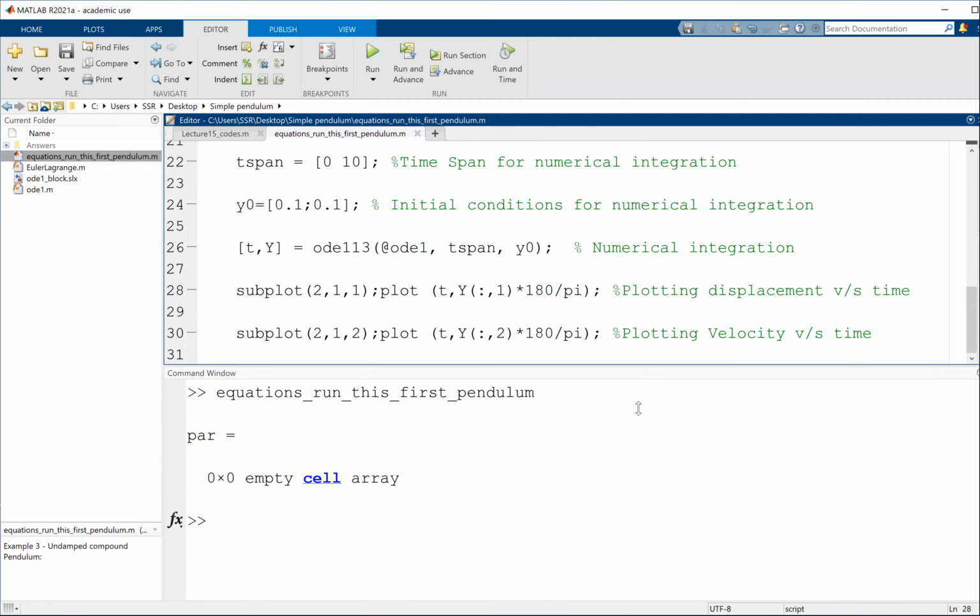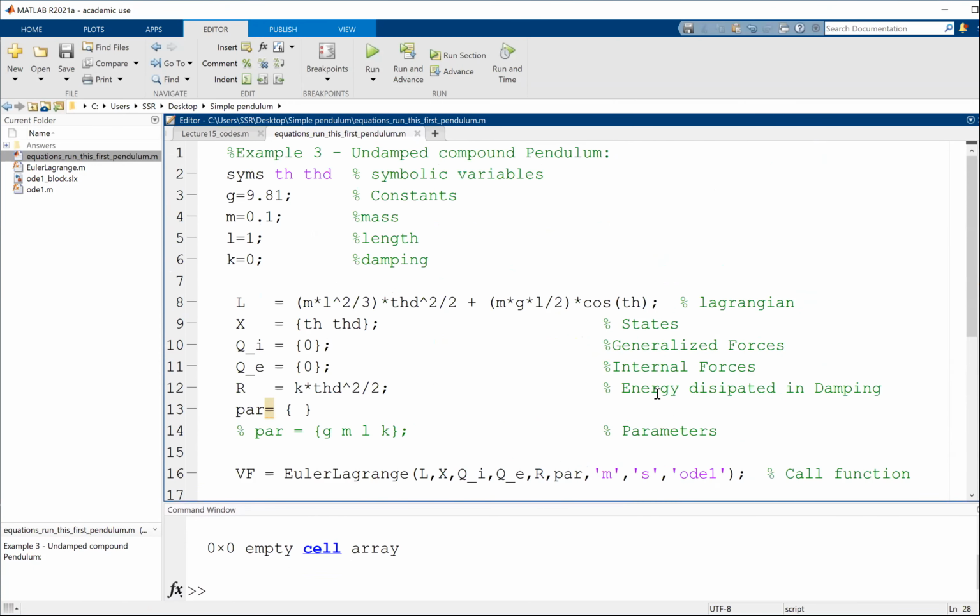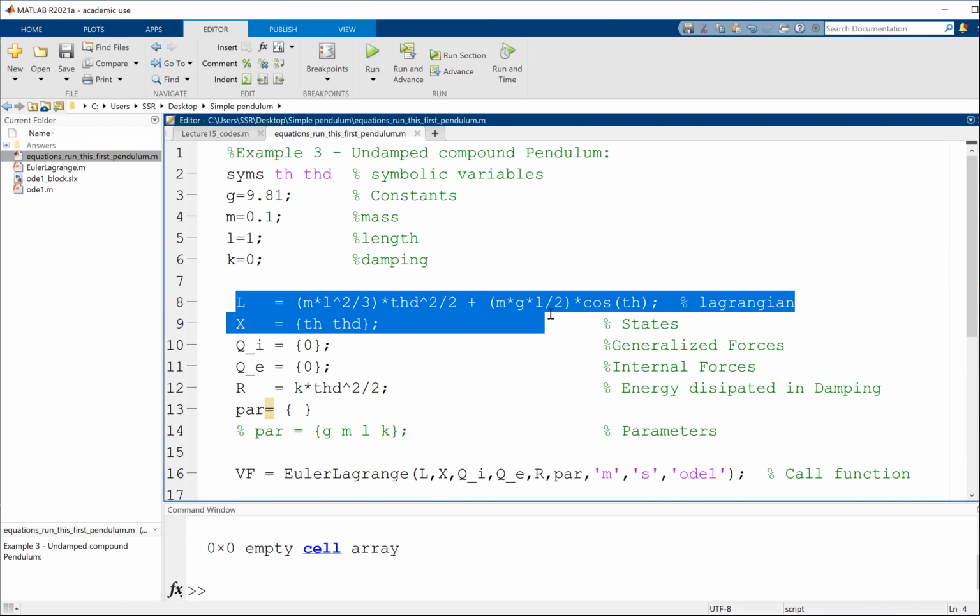This is the same script that we started last time. The variables are TH, theta, and THD, theta dot. 9.81 is the gravitational constant. You have m, which is the mass, and length, and the only thing that needs to be changed is this Lagrangian. Can you see that this Lagrangian is the one that we derived?